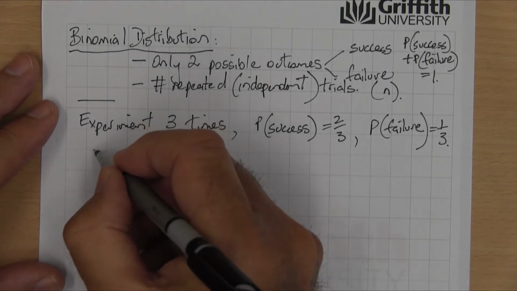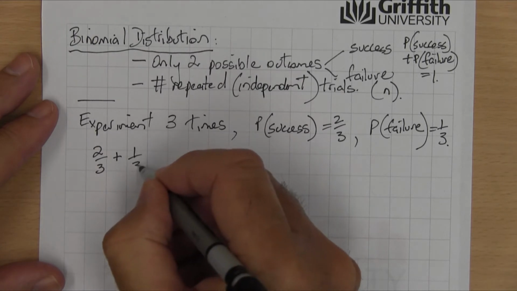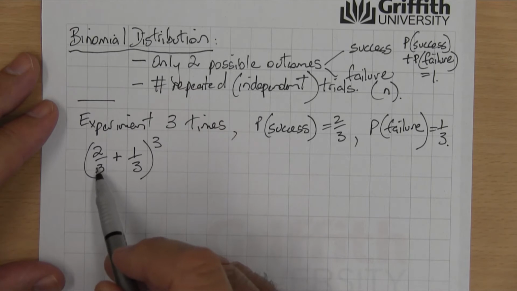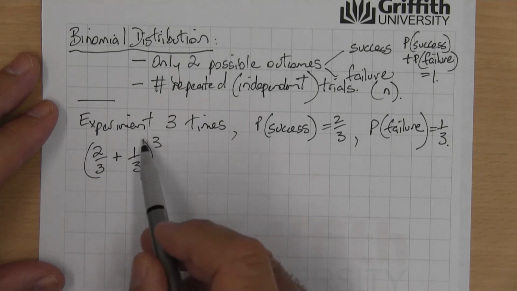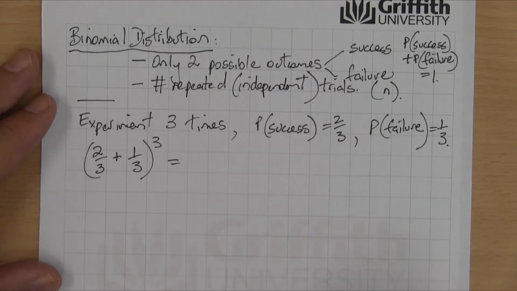Alright, if we had a look at 2/3 plus 1/3 all raised to the power of 3. Now we know that when we add 2/3 to 1/3 we get 1, so that is 1 to the power of 3 is going to be equal to 1.